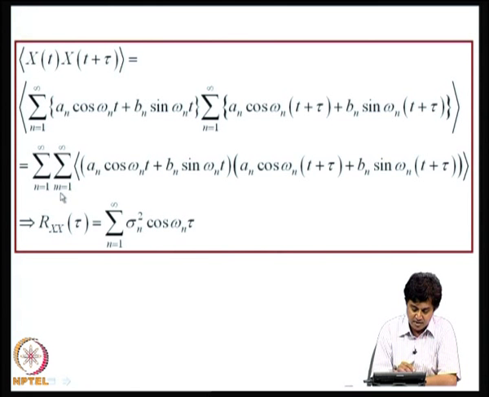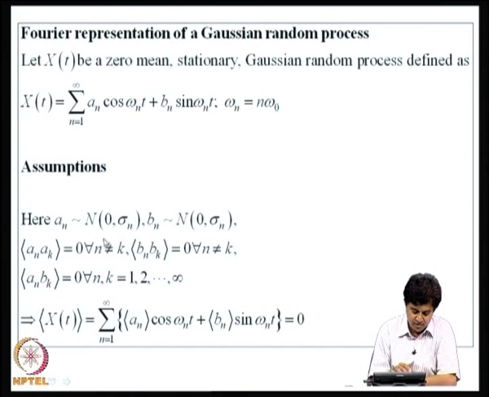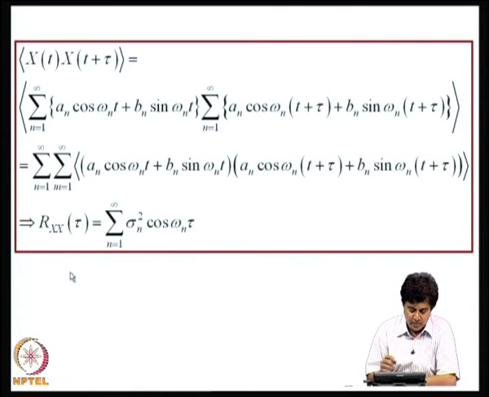Now, this becomes a double summation, and if we expand and multiply and use the assumptions on mutual independence of a n and b n, a n and a k, a n and b k etc., we can show that this autocovariance is indeed a function of only the time difference, and indeed we get r x x of tau as the sum over n equal to 1 to infinity of sigma n square cos omega n tau.